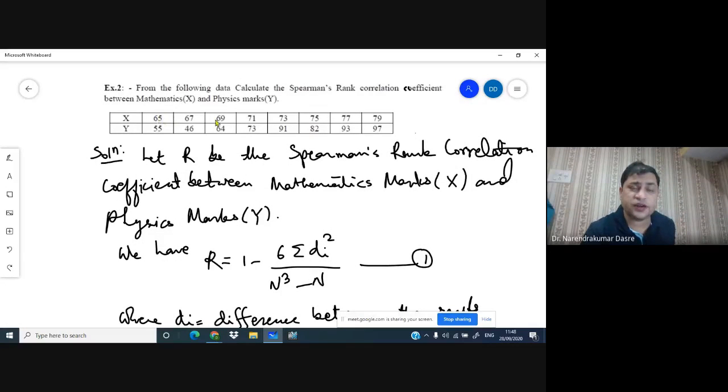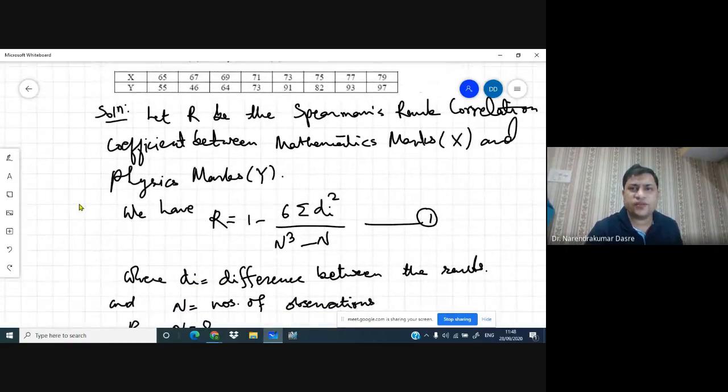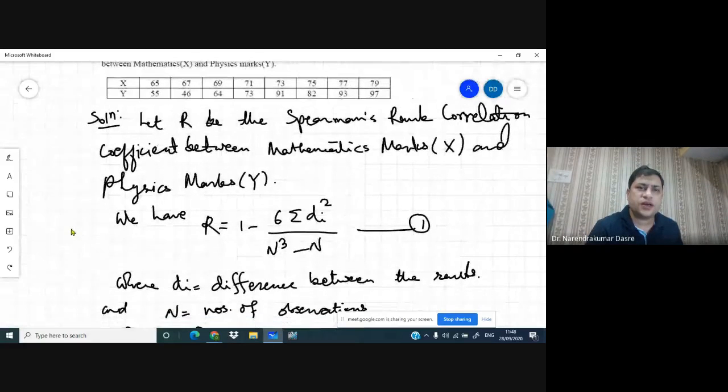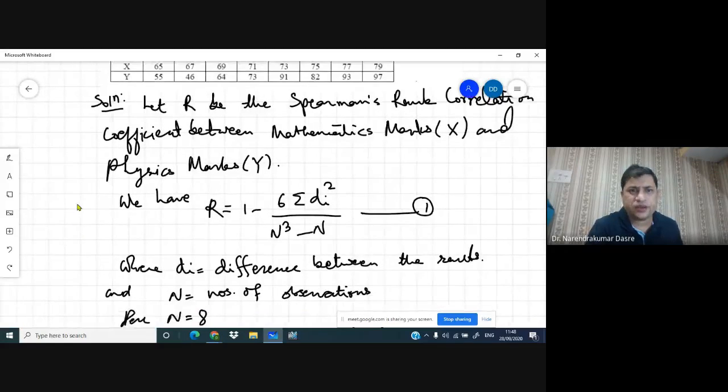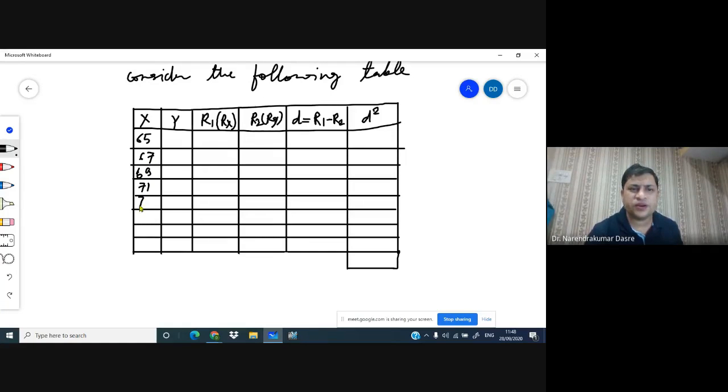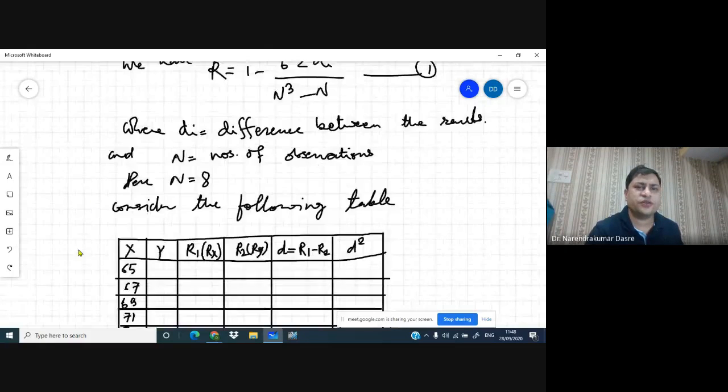So we have 65, 67, 69, and 71, 73, 75, 77, and 79. Now we have to think of Y observations.